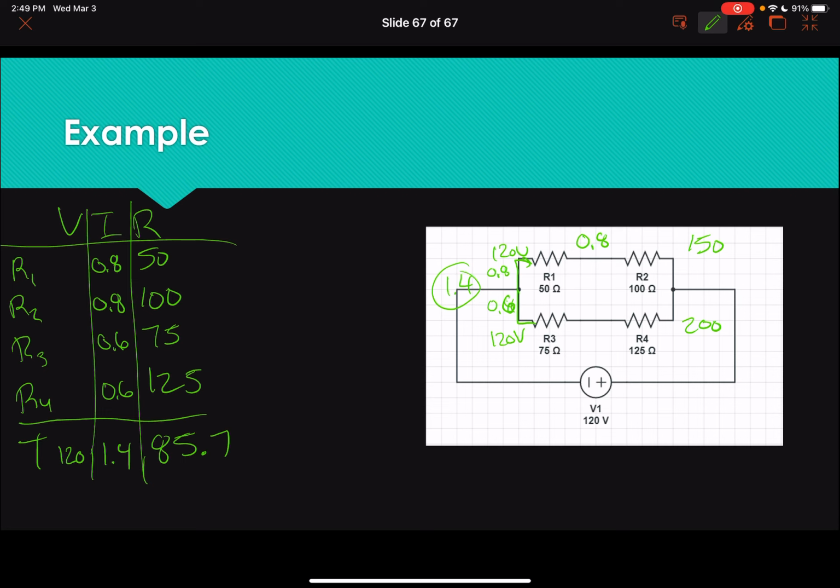So 0.8 goes up, 0.6 goes down, and then we can use that to find V. We know our I and R for each thing, and so we're going to use that to find V. 0.8 times 50 equals 40. And then, wait, no, my bad. 0.8 times 100 is 80.